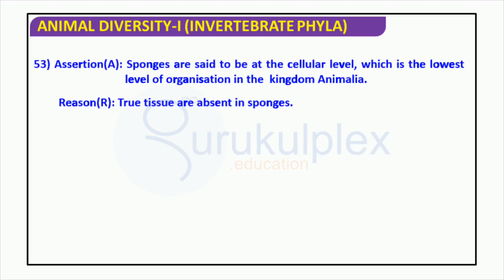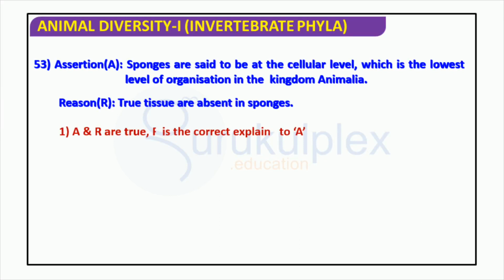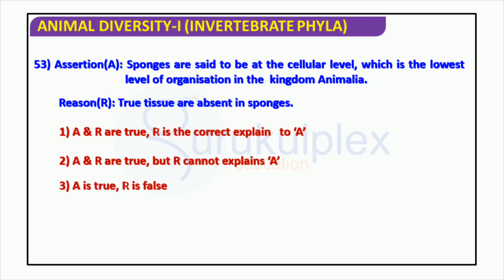Asserting that sponges are at the cellular level, the lowest level of organization within the kingdom Animalia, it can be inferred that true tissues are absent in sponges, as this level does not involve the complexity of tissues found in more developed organisms. Thus, both the assertion that sponges are at a cellular level and the reason that they lack tissues are true.